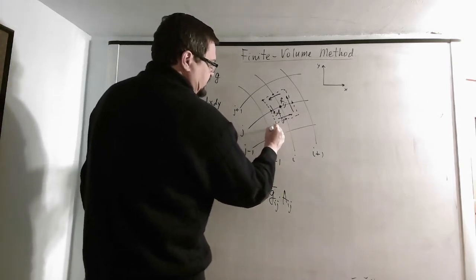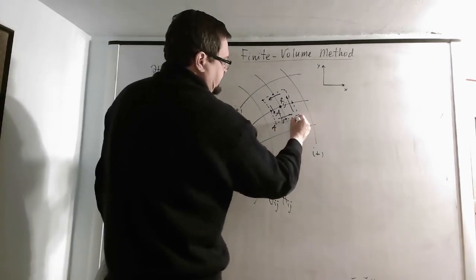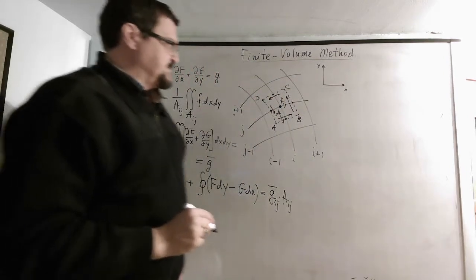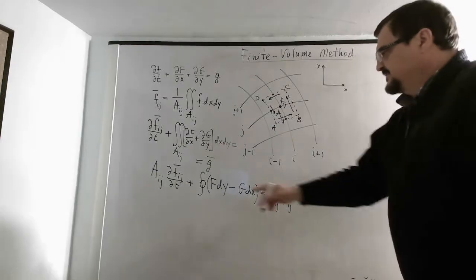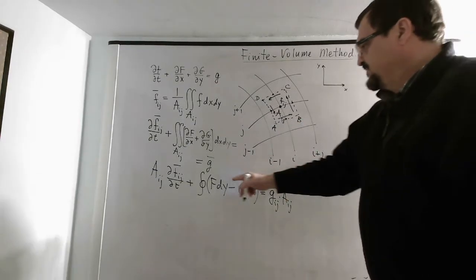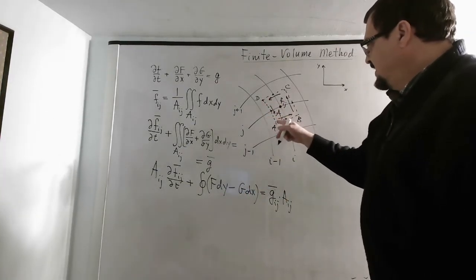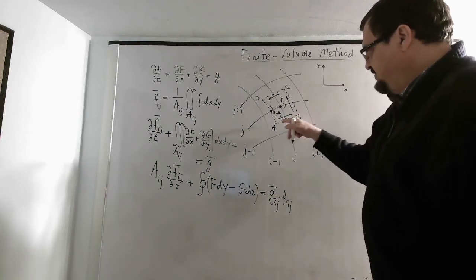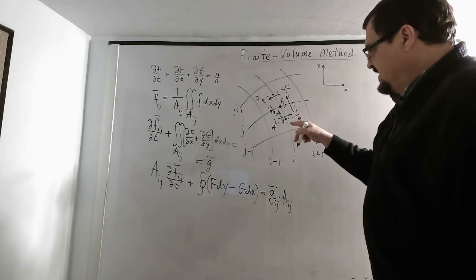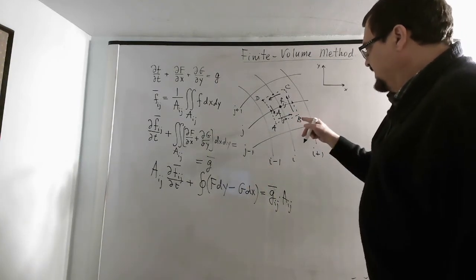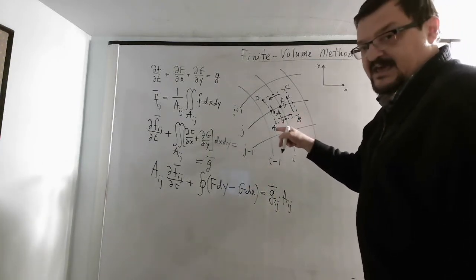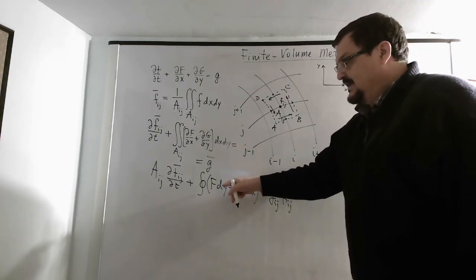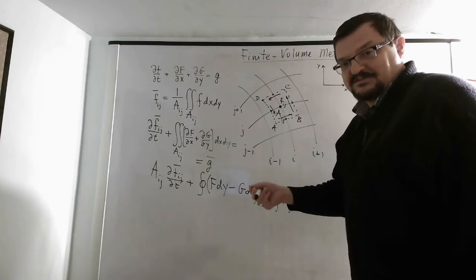This corner is going to be A, this corner B, C, and D. So this integral is just a sum of some f along, say, for AB, some f along this AB edge times the change in y. So it's y at B minus y at A. That's what d means, delta. We replace d with finite differences of y.